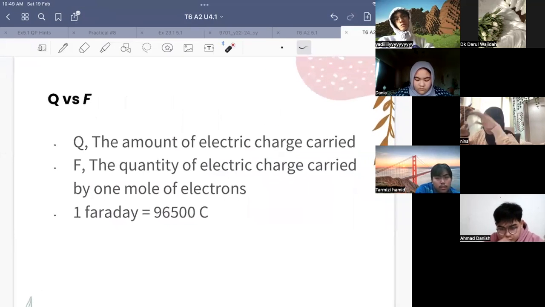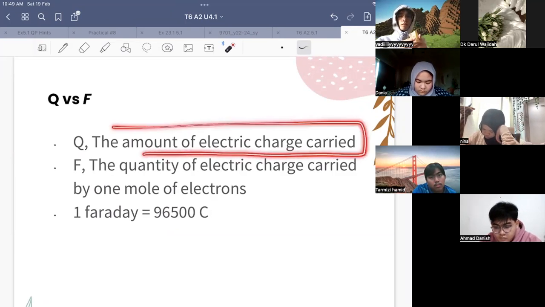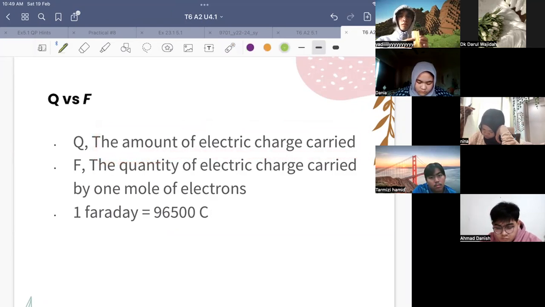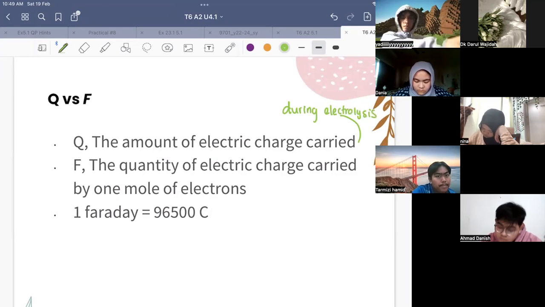So what's the difference between Q versus F? Because Q is also the quantity of charge, and F is also the quantity of charge. Q is the amount of electric charge carried during electrolysis. Different systems of electrolysis depend on different currents and different times, so of course the charge Q will vary.